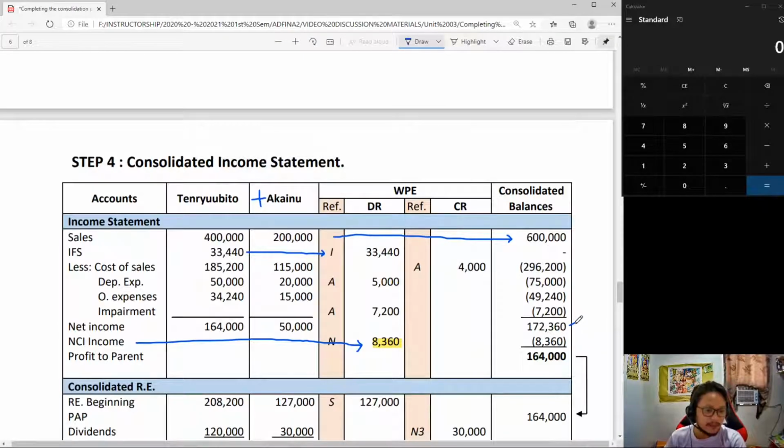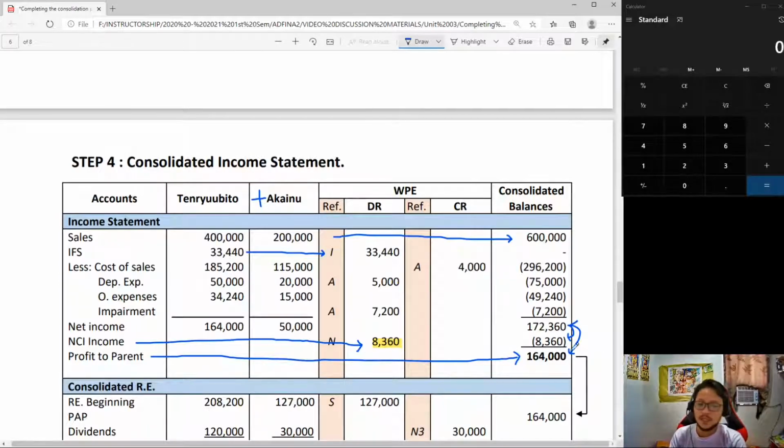Kailangan ang net income na yan i-allocate mo. Alin dyan ang para kay parent at alin dyan ang para kay non-controlling interest. Which is for controlling interest and which is for non-controlling interest. Kasi po, we need to separate the two because the only amount that will be added to RE is the ones that relate to controlling interest. Yung kay non-controlling interest, that will not be added to RE.